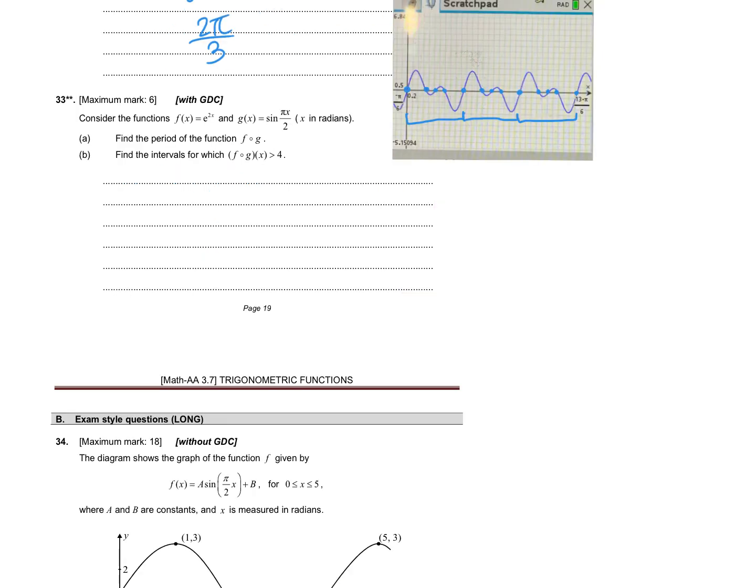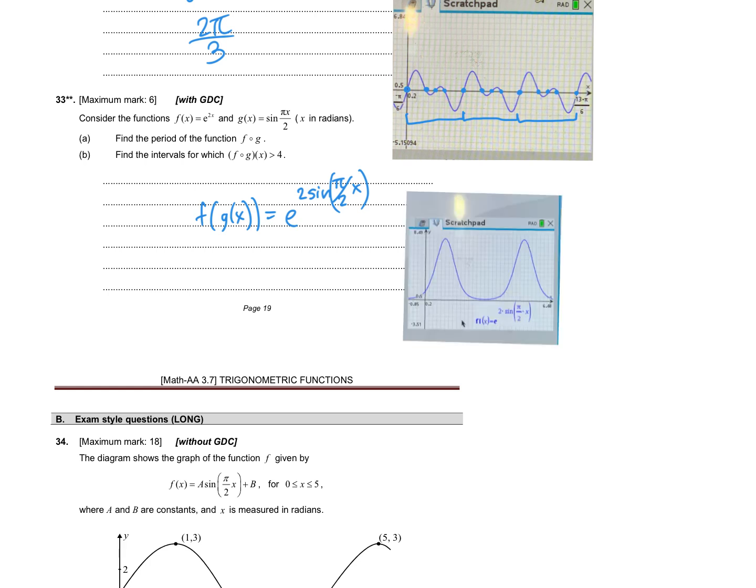All right, consider the functions f and g. Find the period of f of g. So we have, this is e to the 2 sine pi over 2x.